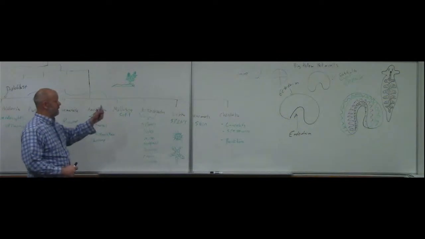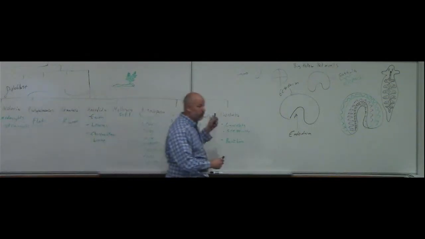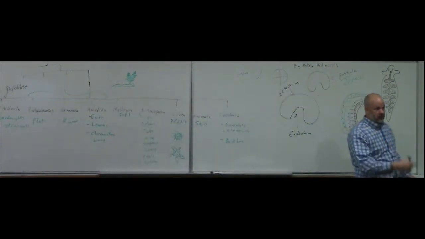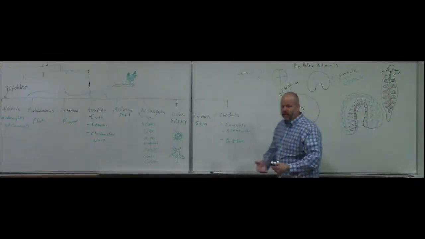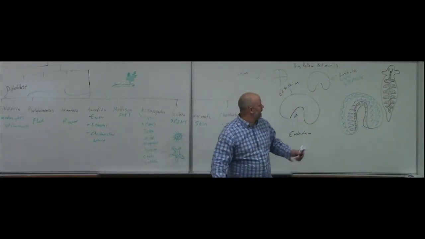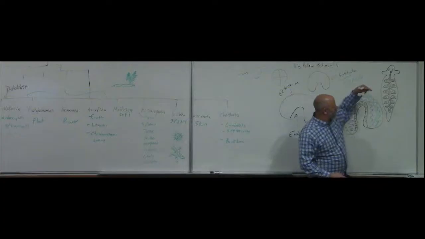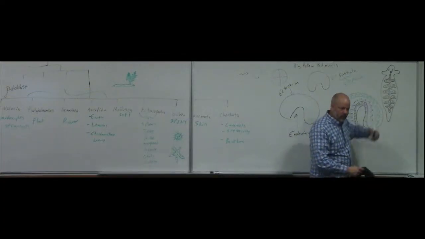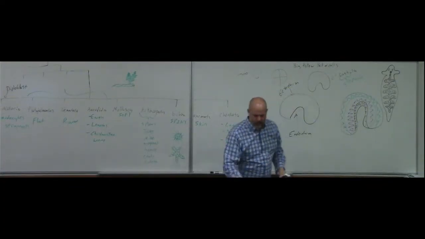Why am I talking about these? Because these are triploblasts. They have the 3 germ layers. But as the body develops, I'm going to now draw a cross section. What would this look like if I cut it crosswise, especially as it was developing? And I got to erase a little bit here.